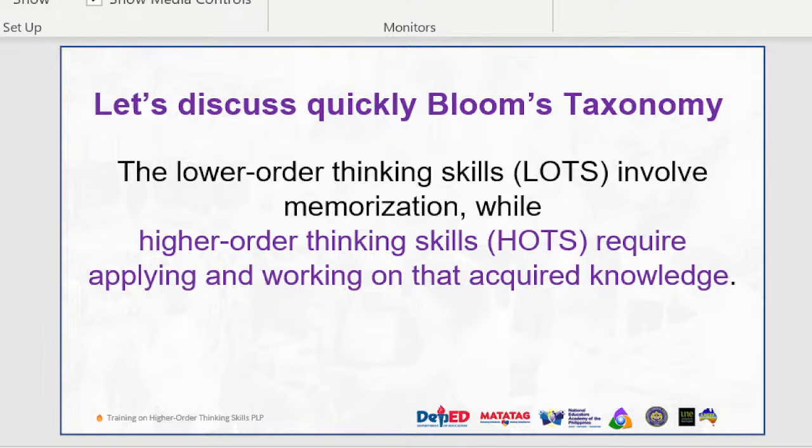Let us briefly discuss the Bloom's taxonomy. So the lower order thinking skills in the Bloom's taxonomy involve memorization, while the higher order thinking skills, or the HOTS, require applying and working on that acquired knowledge.